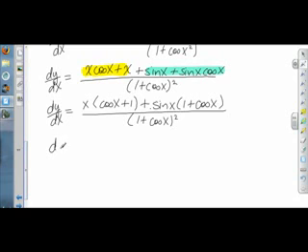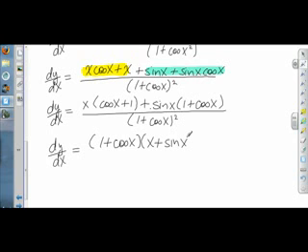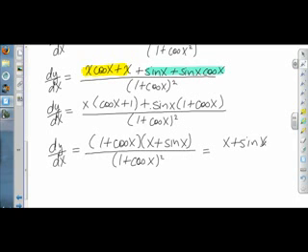And now the common factor is 1 plus cosine of x. So I pull that out. And reducing, we'll be left with x plus the sine of x over 1 plus the cosine of x.